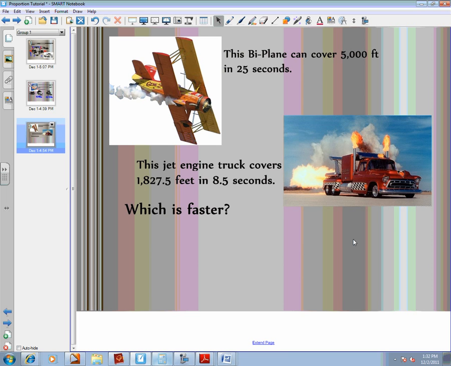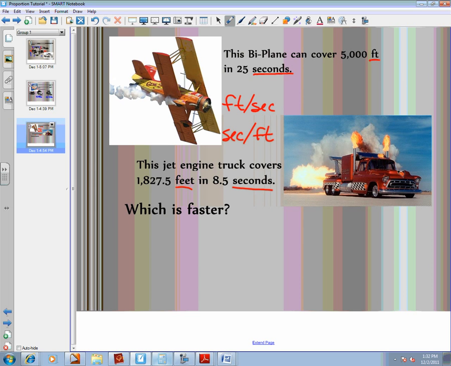So again, let's identify our two variables. We have feet and seconds. So I know that I can have two different unit rates. I can have feet per second or seconds per every 1 foot.